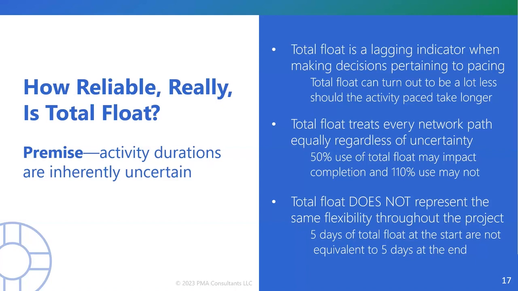You have less uncertainty because you have less work to proceed. So the moral to the story is, it is better off if you have a conventional schedule to use less total float early on, and then to have the opportunity to have more realistic values as your project unfolds.